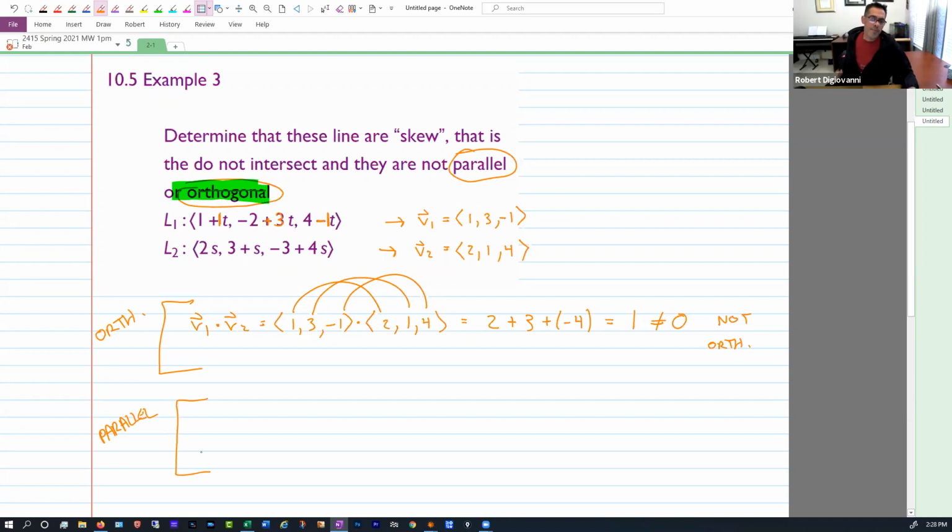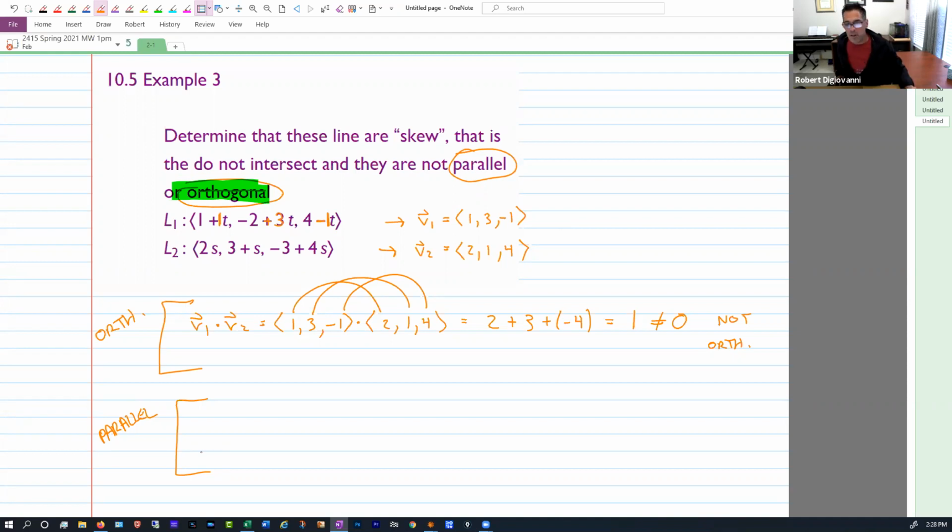Unfortunately, no. The dot product is only good for checking for orthogonality. For parallel, you have two choices. The first choice, which I think is the easiest, is are they scalar multiples of one another? Because that's what it means to be parallel. The two vectors had to be scalar multiples of one another. The other way is to check the magnitude of the cross product. But I don't feel like doing a cross product.